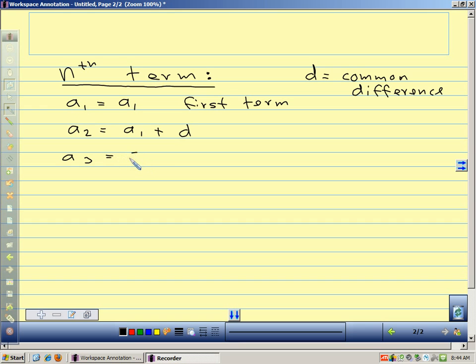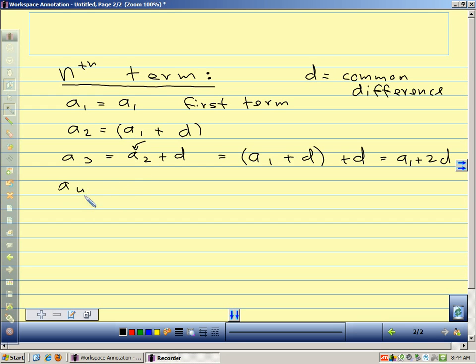a3 is a2 plus d. But a2 is a1 plus d. So if I plug this whole thing in right here, I get that a3 is a1 plus d plus d. So that's a1 plus 2d. I'm just plugging this in for a2 here.